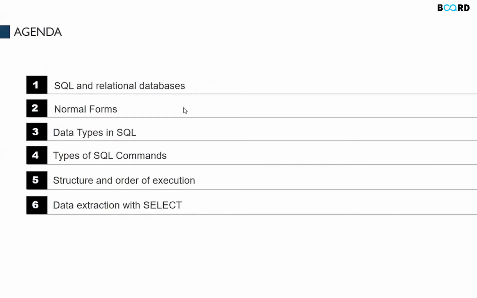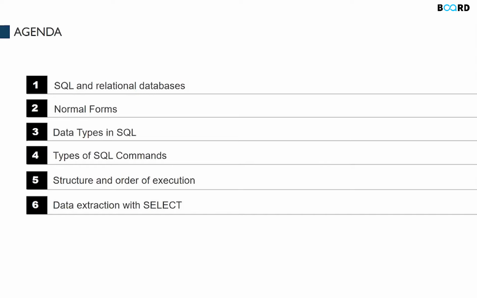Now, what we are going to cover today is 6 things. First up, what is SQL and what are relational databases, on which this whole SQL is based, which is very important, because until you understand what a relational database or a database is, you won't be able to understand how SQL functions. Second is normal forms. We'll talk more about it when we get there.